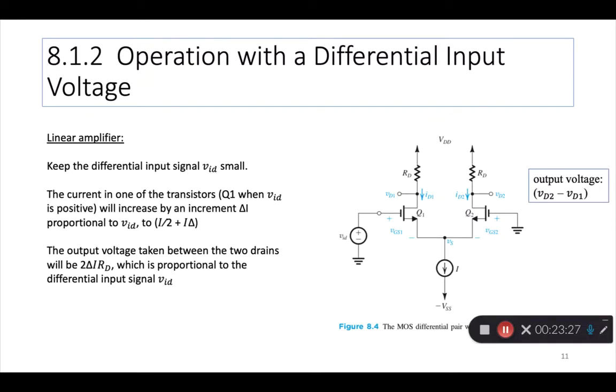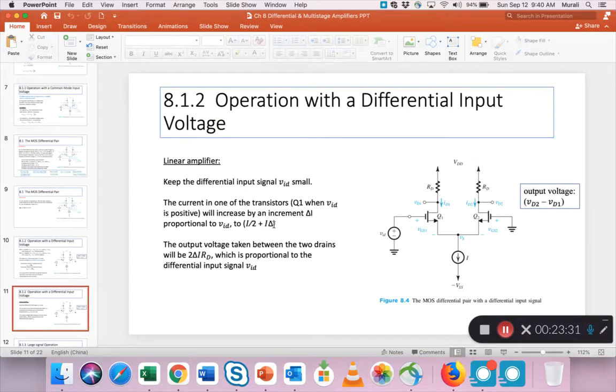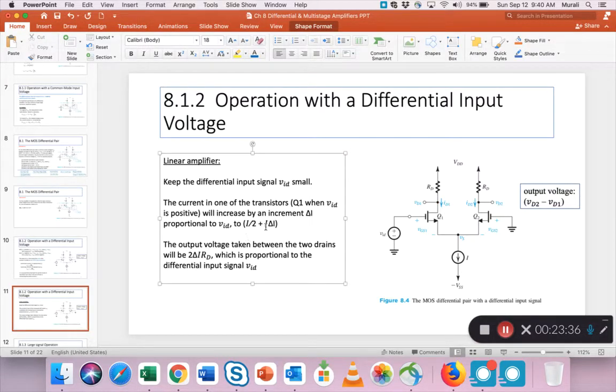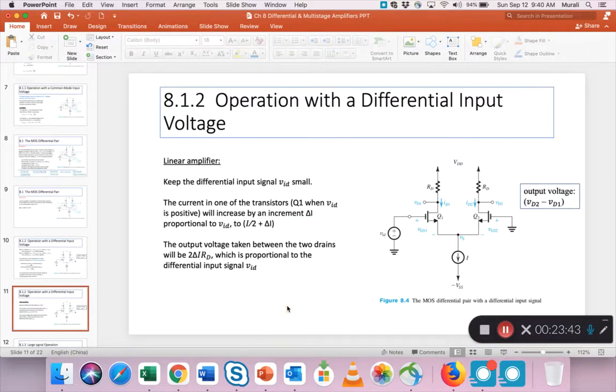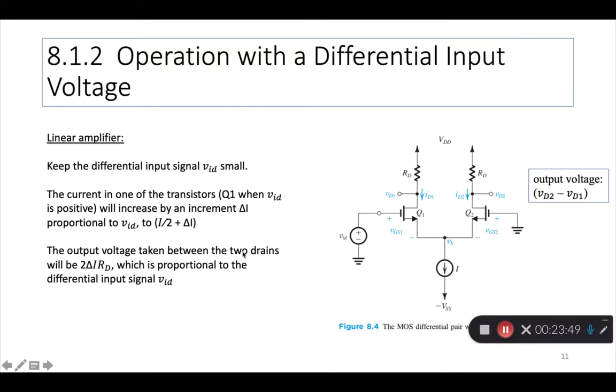Actually, maybe I should write this as delta I instead of I delta. So let's call that delta I. Okay.